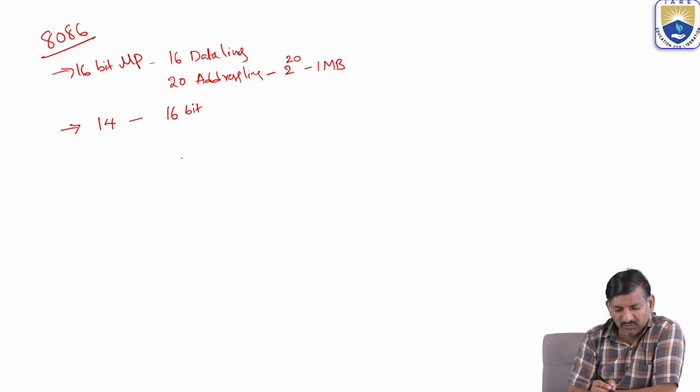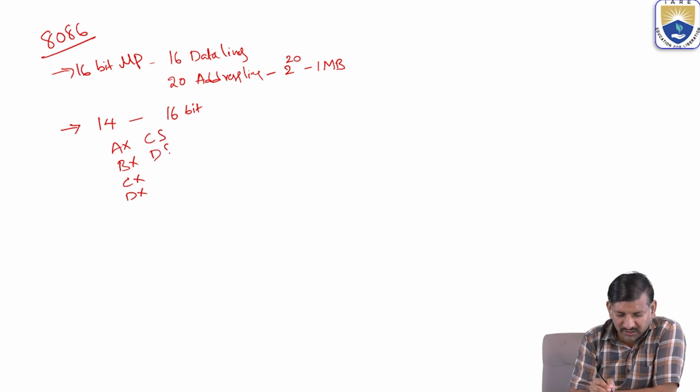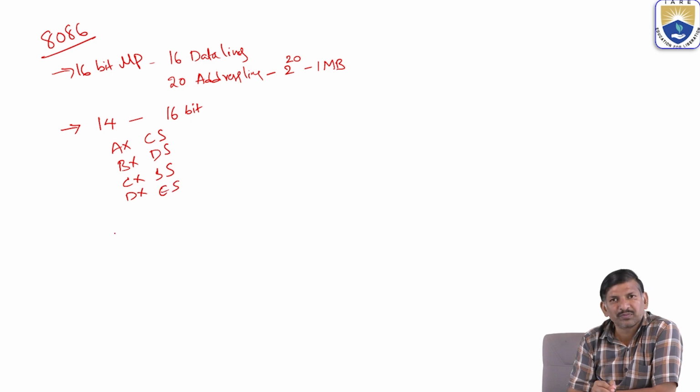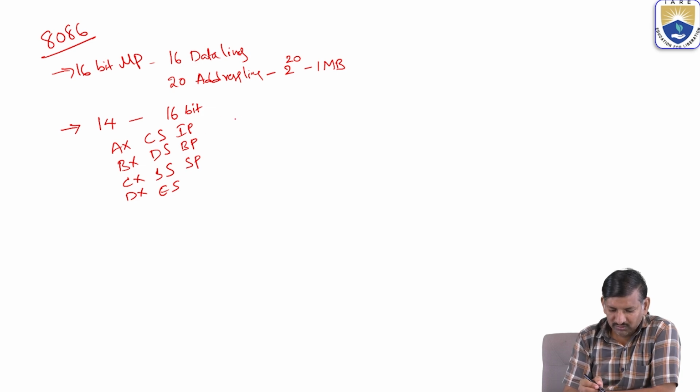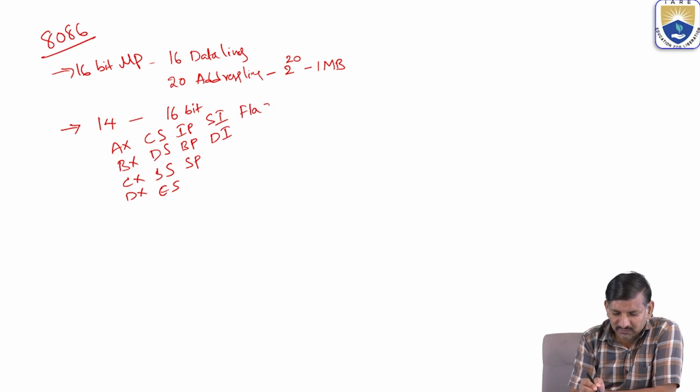Next, it contains 14 16-bit registers. Those are general purpose registers like AX, BX, CX, DX. Segment registers, code segment, data segment, stack segment, extra segment. Pointers, instruction pointer, base pointer, stack pointer, and index registers, source index, destination index, and flag register.